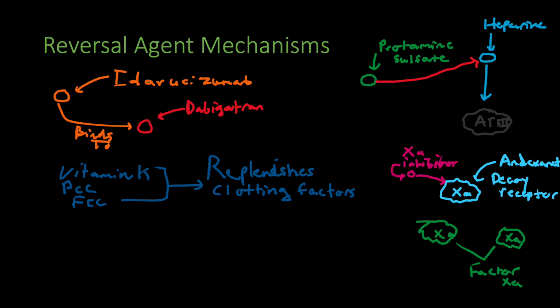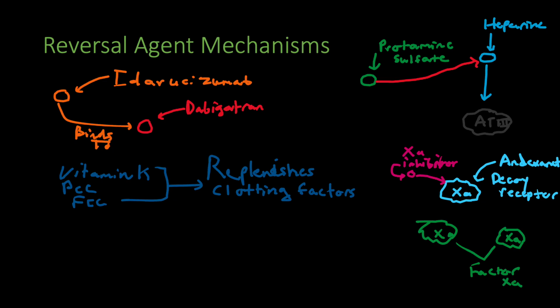Another example here is vitamin K, PCC, FCC. You can see how basically overall the vitamin K, if you looked at my previous lecture, vitamin K is normally produced within the liver. It's becoming an active form.